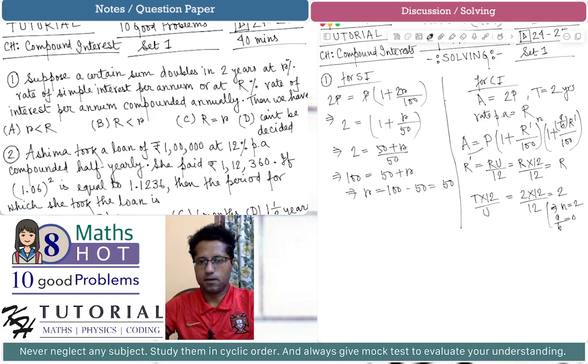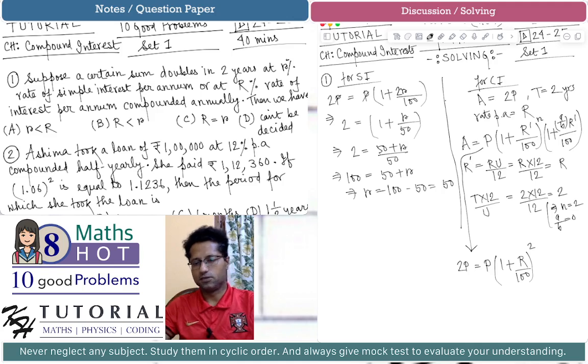Okay. So the formula now becomes A is twice P, because in this case also the sum is doubling. So we have twice P is equal to P multiplied by (1 plus R by 100) to the power n, where small n is equal to 2, and since the fraction a by b is 0, the last factor becomes 1. So P, P cancelled.